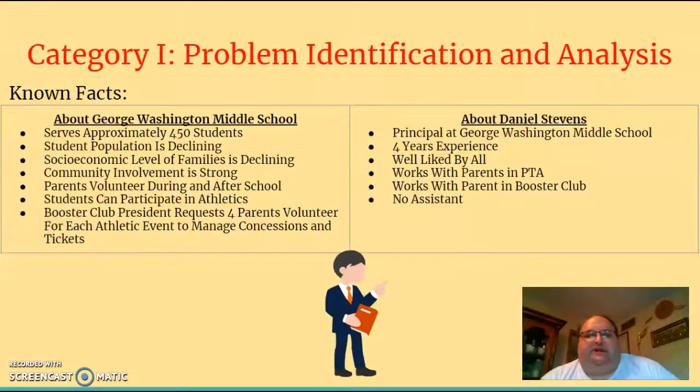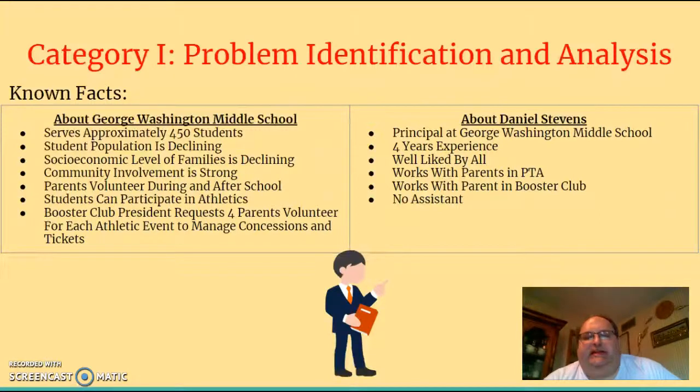The students can participate in athletic events, and as a result, there is a booster club that supports the school. The president of that booster club requests that 4 parent volunteers help at each athletic event to help supervise, 2 at the concessions and 2 at the ticket sales.